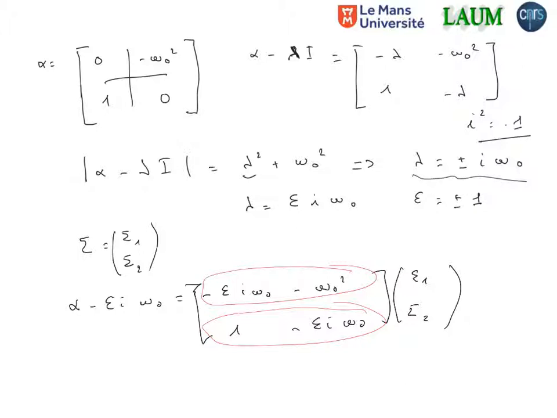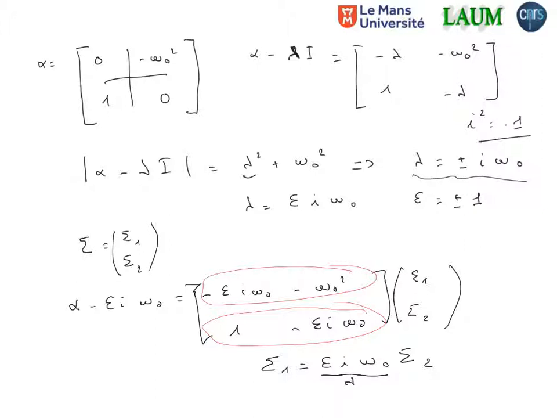And then we can find easily that sigma 1 is equal to epsilon I omega 0 sigma 2. In fact, this is also my lambda.